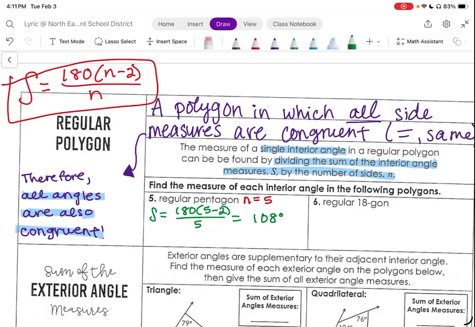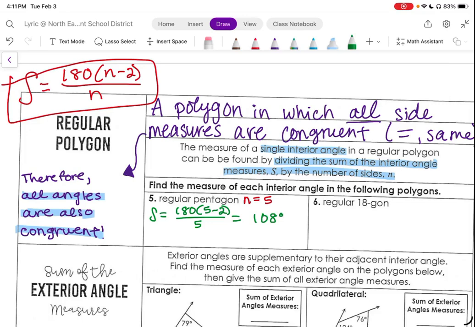All right, go ahead and try number 6. I'll give you time to do that. Okay, so here you had a regular 18-gon. So how many sides are in an 18-gon?